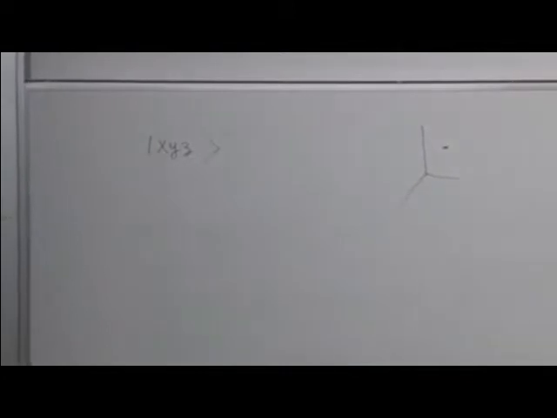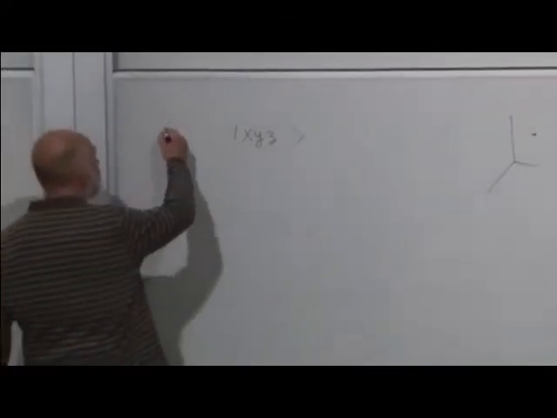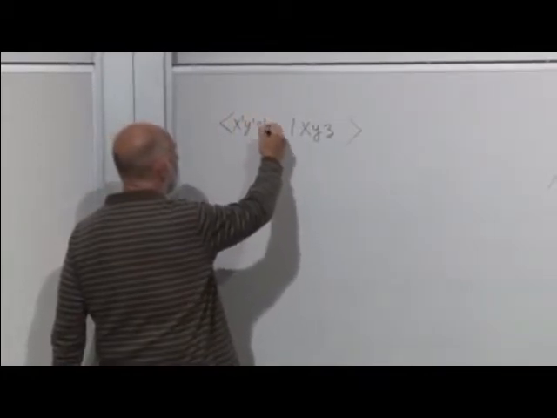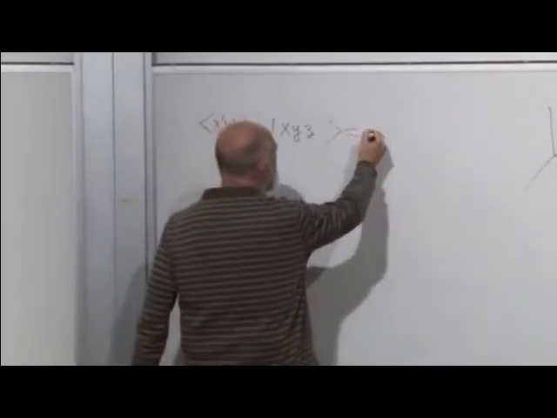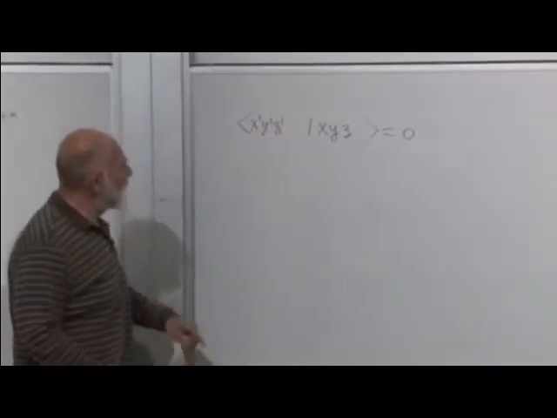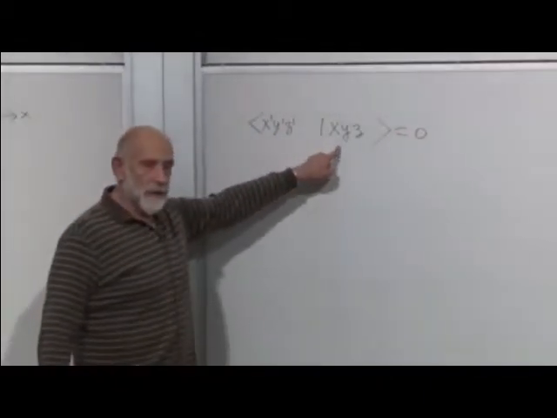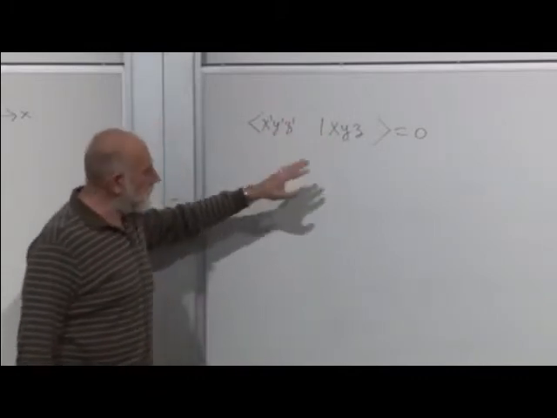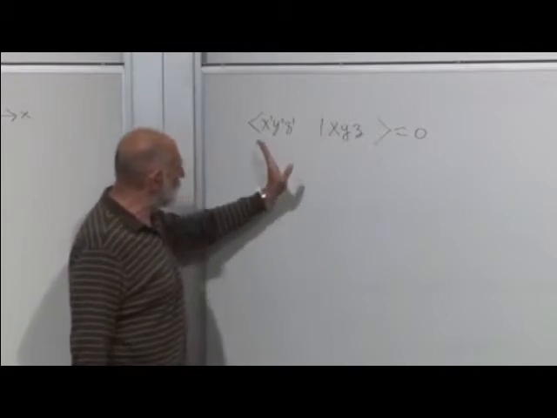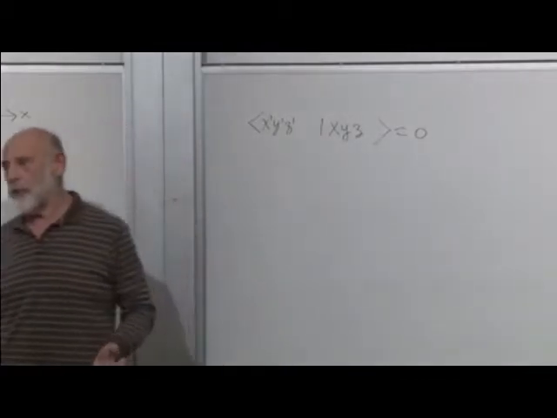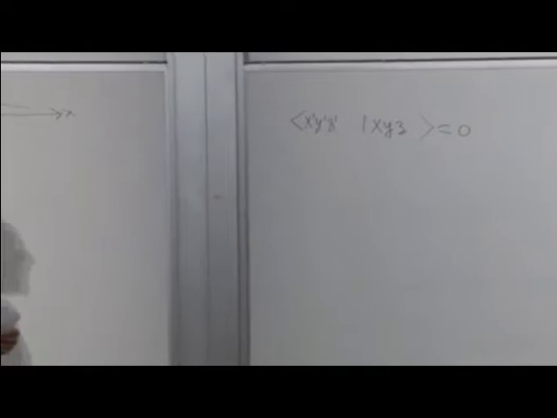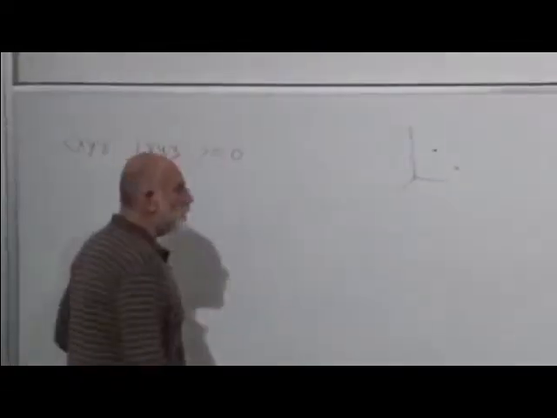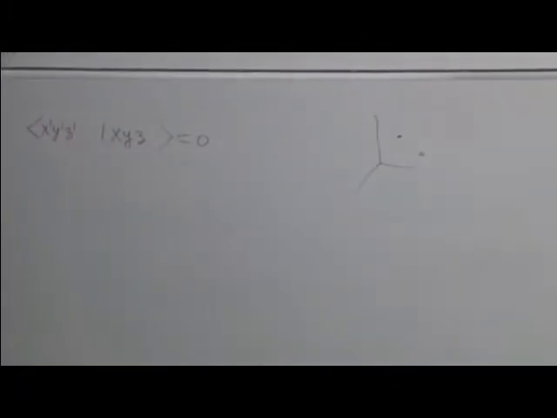would be very similar. The inner products of x prime, y prime, z prime would be 0 if there's any mismatch, not if x is not equal to x prime and y is not equal to y prime, but if the entire point x, y, z is not the same as the point x prime, y prime, z prime, then these are observably different positions for a particle, and the states are orthogonal to each other.